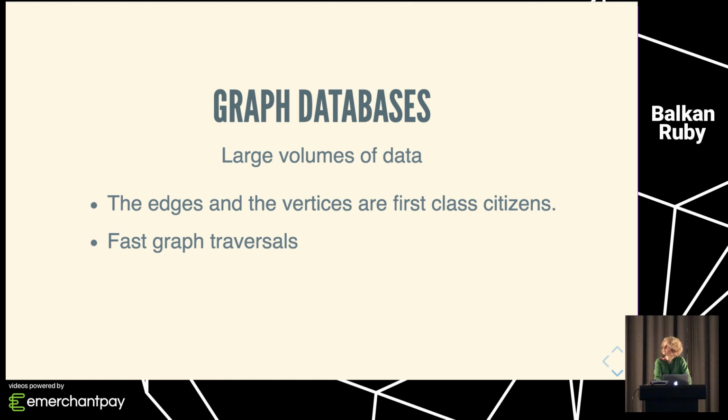The databases have very fast graph traversals implemented, and they also permit an adaptive data model. When we collect a lot of data, normally we don't know what we will collect, so we have to be prepared to adapt our data model to the data that is coming.